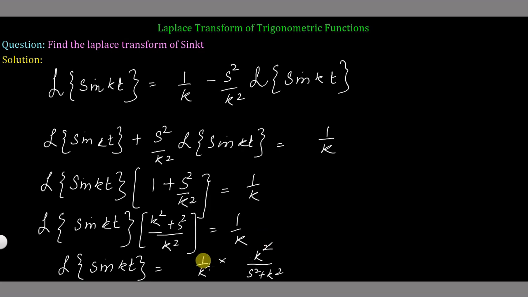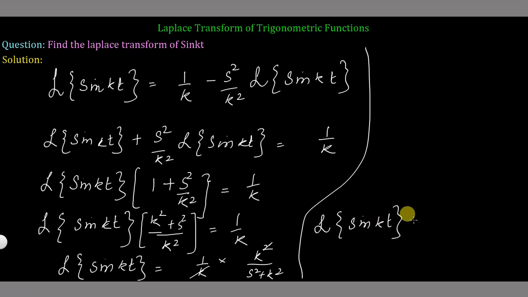So one k will be cancelled out, and we are left with Laplace of sine kt equal to k over s square plus k square. So this is our final answer in this particular case.